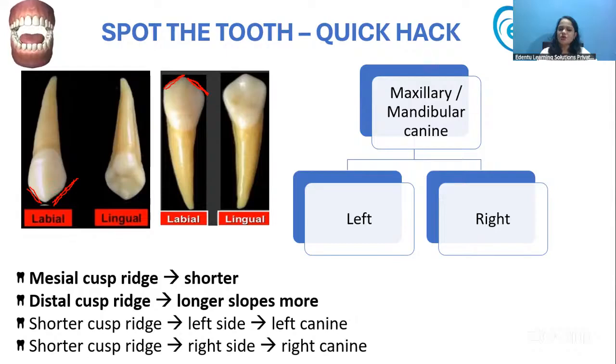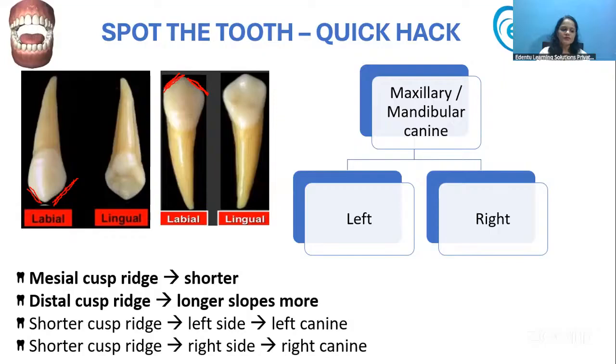Here the mesial cusp slope is again on the left side, so this is a mandibular left canine. This is how you identify the tooth. If the mesial cusp slope is on the right side, then it will be a maxillary right canine or a mandibular right canine. That's how you identify the sides.